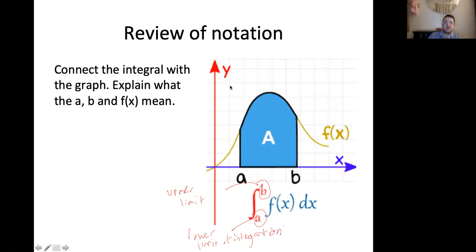And the geometric interpretation of an integral is that this represents the area between the curve, or the function, and the x-axis. So you may want to pause there and make sure that you are good with the notation.